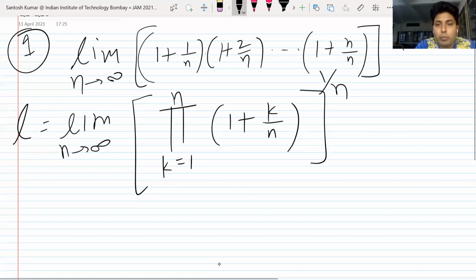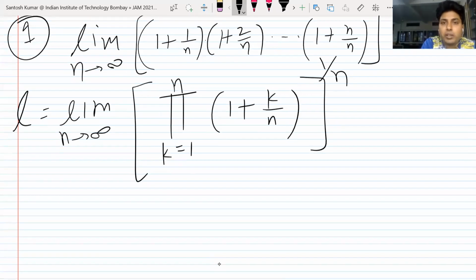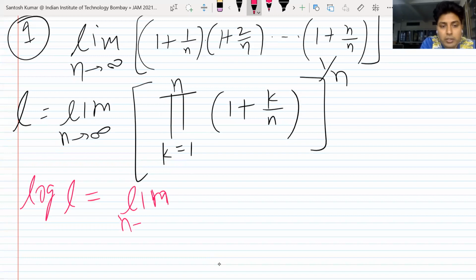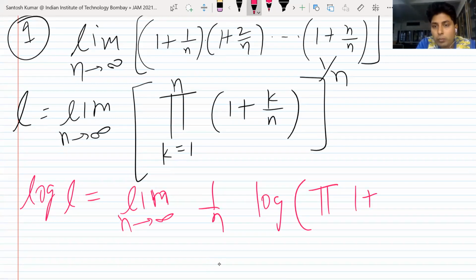So we can take log on both sides to bring that power 1 upon n down. So log L is equal to limit n tends to infinity, 1/n will come outside, log of the product of 1 + k/n, k from 1 to n.